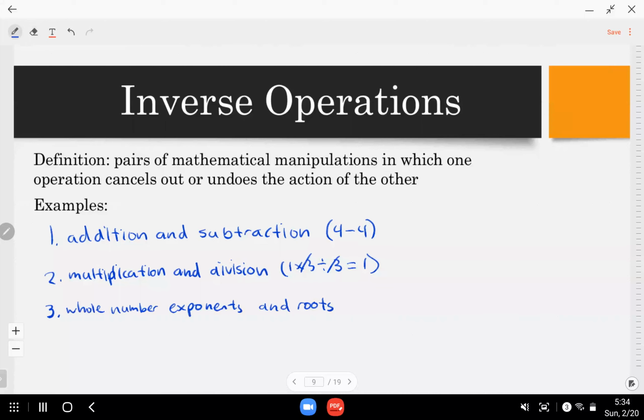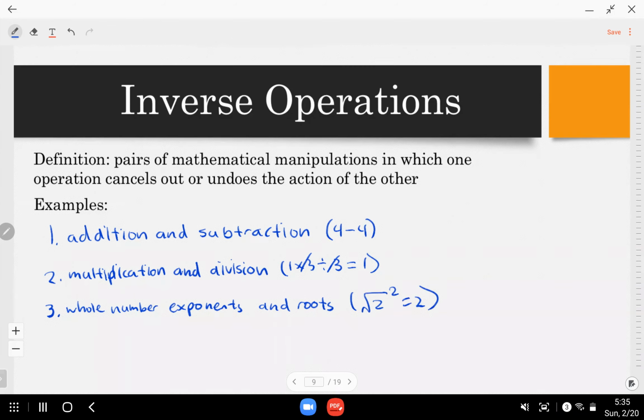It's going to be a lot more complicated. So if you have, let's say, 2, the square root of 2 squared is still equal to 2. They cancel each other out. Very good. These are our 3 inverse operations that we're going to be dealing with in algebra 1. So make sure to remember them.